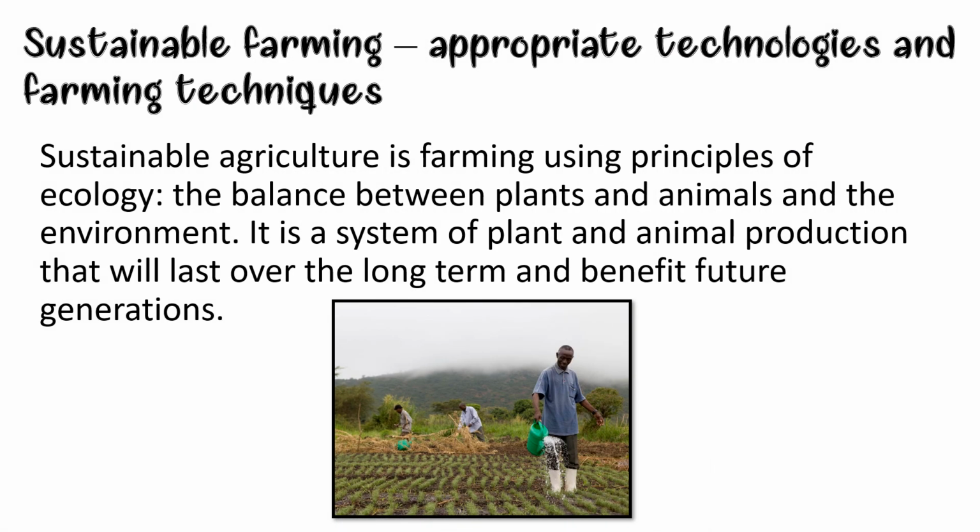Sustainable farming, appropriate technologies and farming techniques. Sustainable agriculture is farming using principles of ecology, the balance between plants and animals and the environment. It is a system of plant and animal production that will last over the long term and benefit future generations.